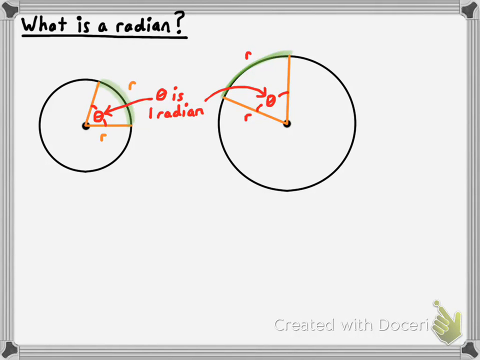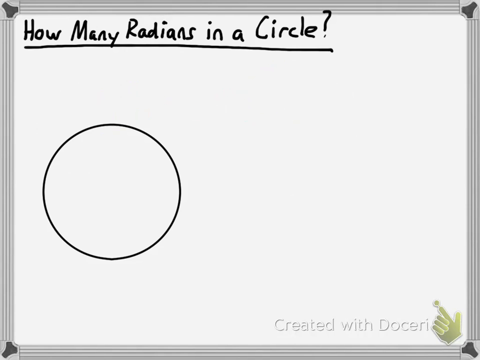Now, I need you to have an idea of what the size of a radian is compared to a degree. And so I want to go next to asking this question: how many radians can you fit in a circle? Now, really this question comes down to this. How many times can you take the radius of a circle and wrap it around the circle until you've gone 1 full revolution around?